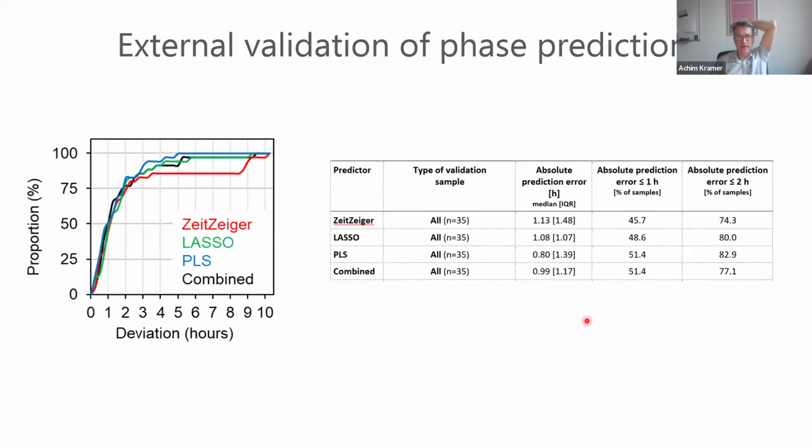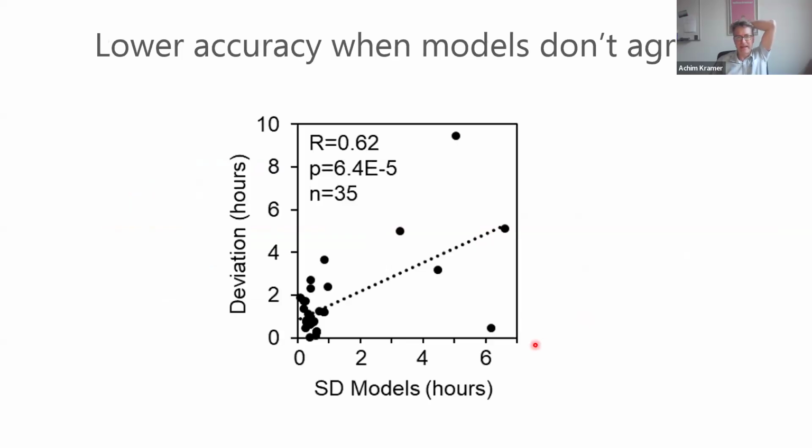The question was whether, when we look at the standard deviations of the models, we see some data points with really high standard deviations. We again observed that this was statistically significantly correlated to the deviation between prediction and true DLMO.